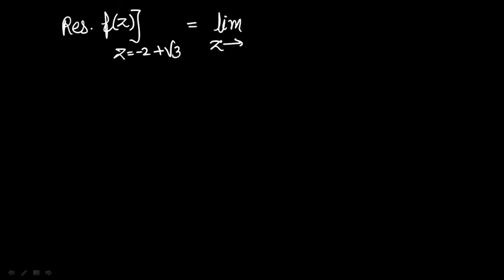The remaining value we can write as residue of f of z at z equal to minus 2 plus root 3 equal to limit z tends to minus 2 plus root 3 of 1 upon z minus of minus 2 minus root 3.